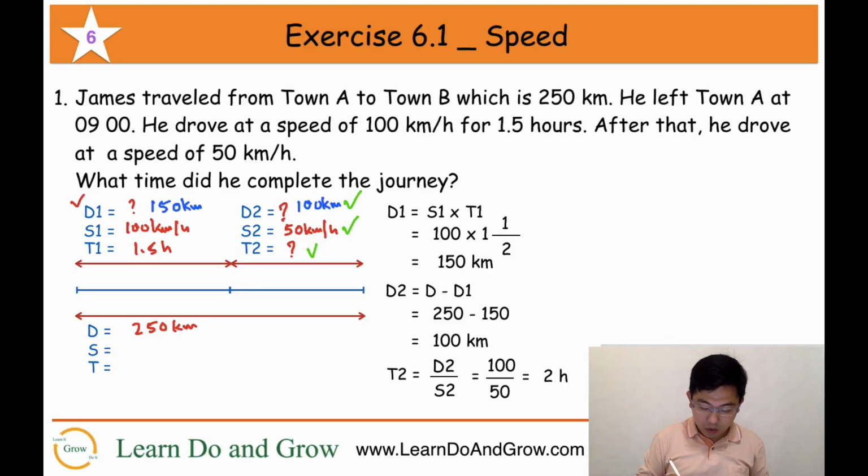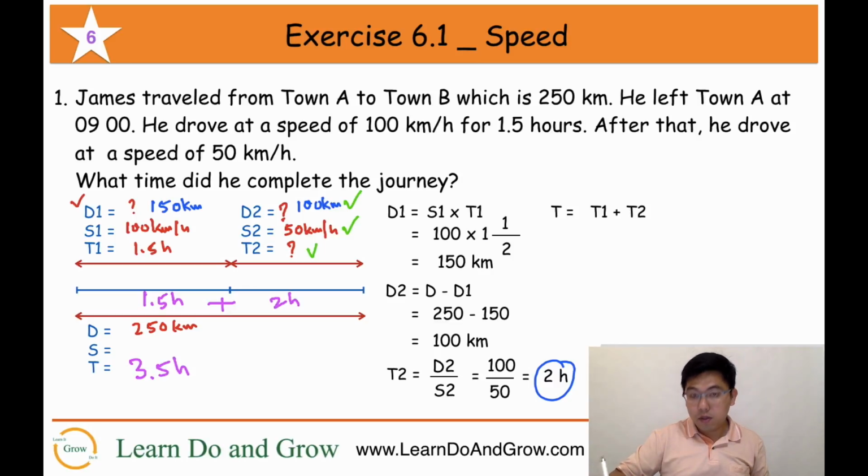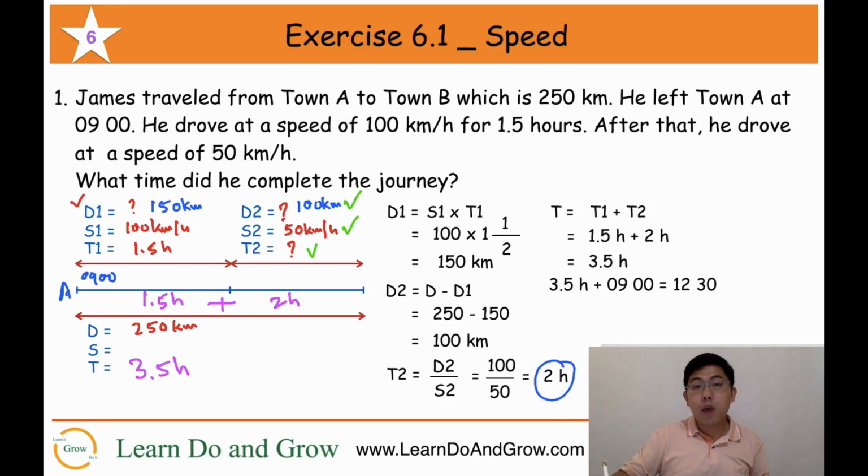So the whole journey is 2 hours plus 1.5 hours, so if you add up, it should be 3.5 hours. That is the answer for the total time taken, and from there you can just add on to the starting time. What is the starting time? At town A, the starting time is 9 o'clock. In that case it should be 12:30.